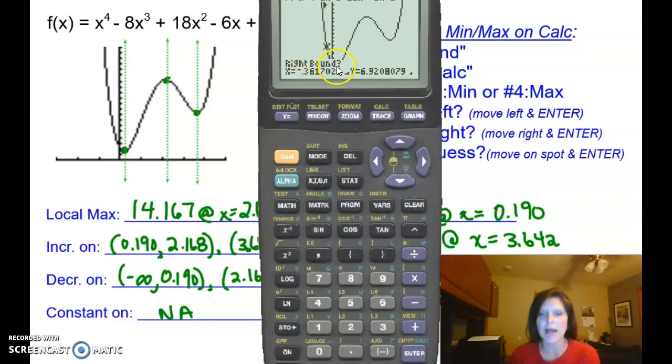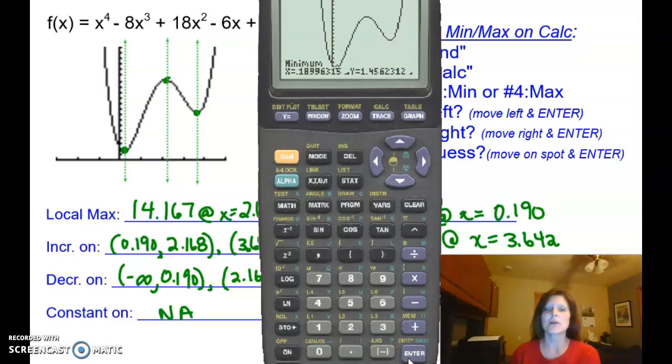So we need to move past the low spot and be somewhere on the right. Again, I'm going to move the cursor until it's blinking on the right spot of that valley down there and hit enter. Then it asks me to guess. It's a little hard to read through these numbers down here, but I'm going to guess about there and hit enter the third time, and it will give me an answer.